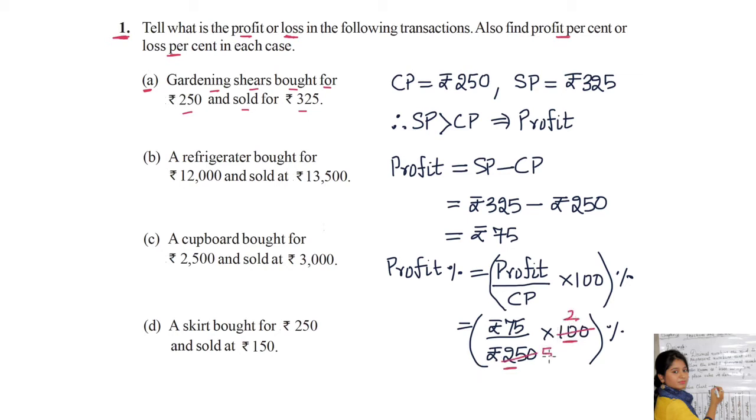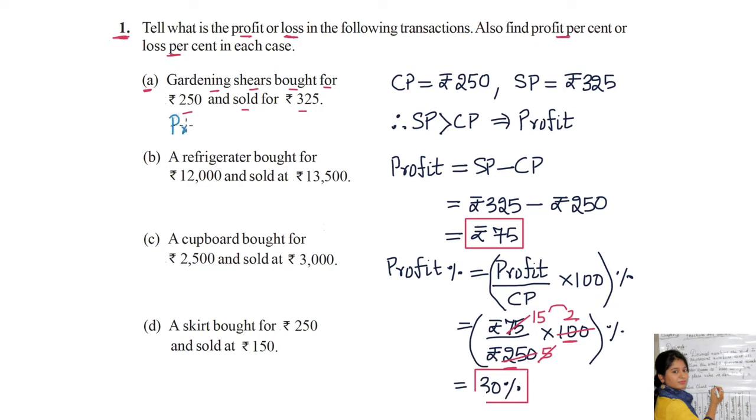So 5 times 2 is 10 and 5 times 5 is 25. Now 75 can be reduced by 5. So 5 times 15 is 75, and we will multiply 15 and 2. That will give us 30%.